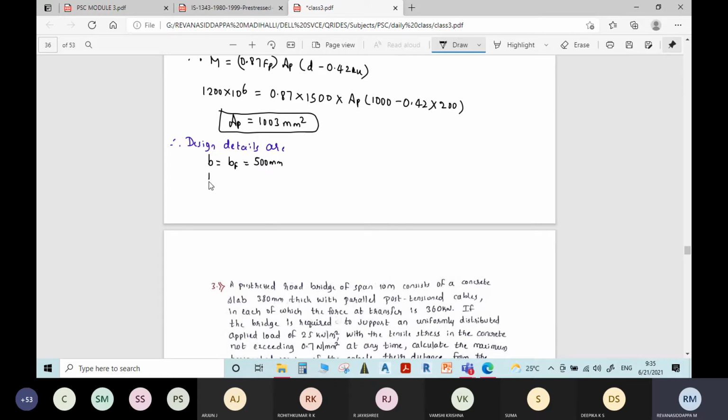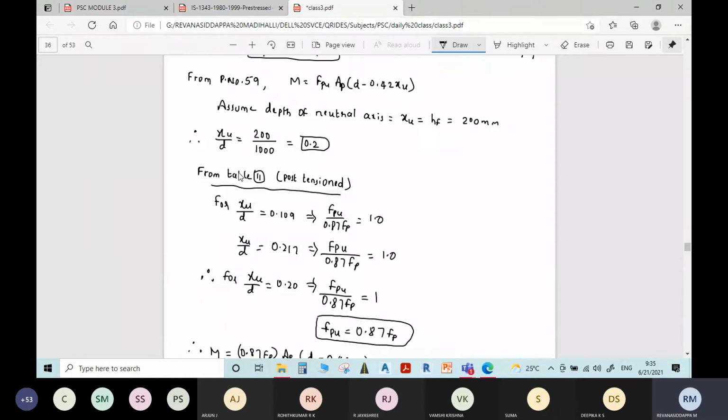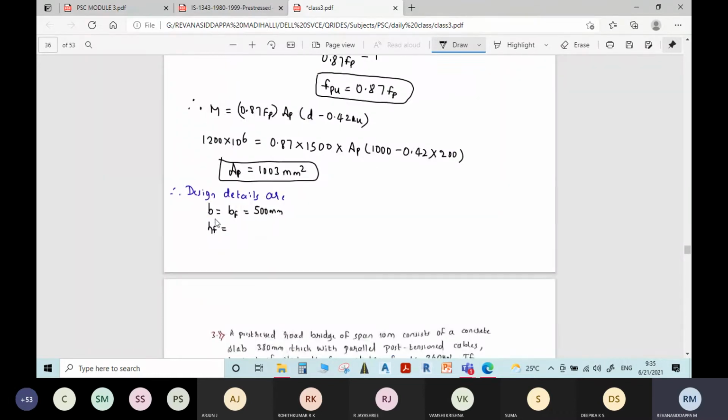Then HF, that is depth of flange, is equal to 200 mm.